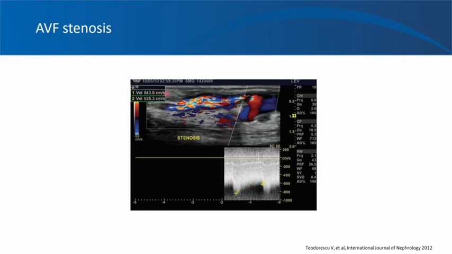The peak systolic is 843 centimeters per second, and end diastolic is 626 centimeters per second, both of which are way higher than your threshold of 300 centimeters per second. And Doppler color flow here demonstrates post-stenotic turbulence distal to the narrowest segment of the vein. So this is an example of high-grade arteriovenous fistula stenosis.